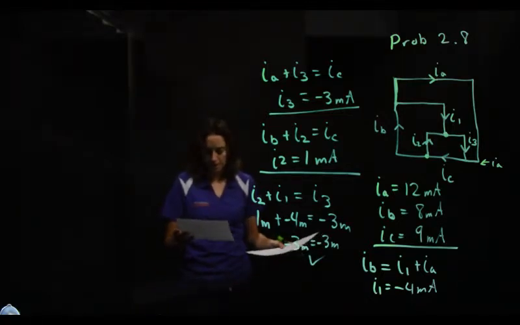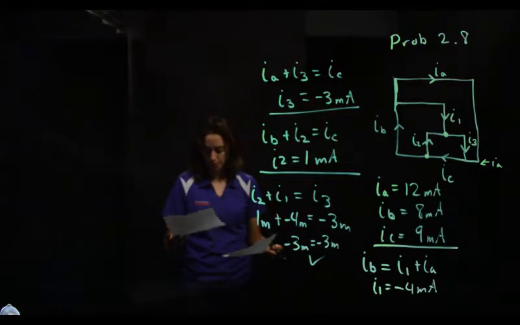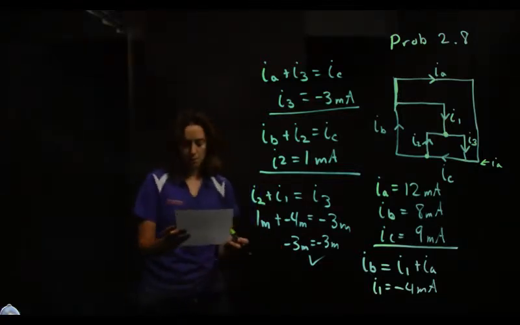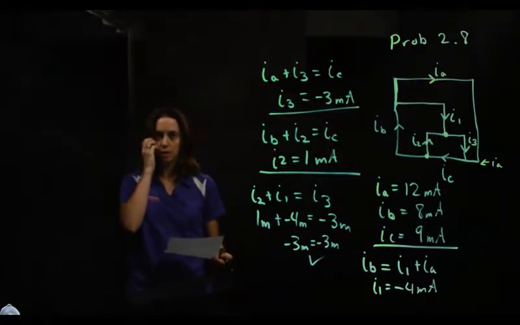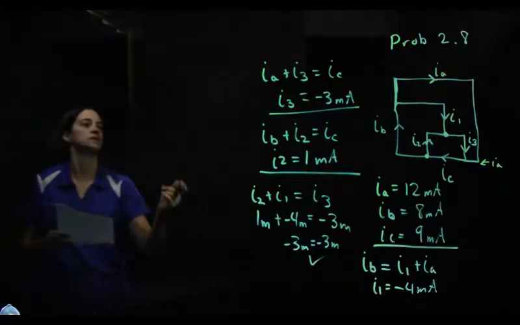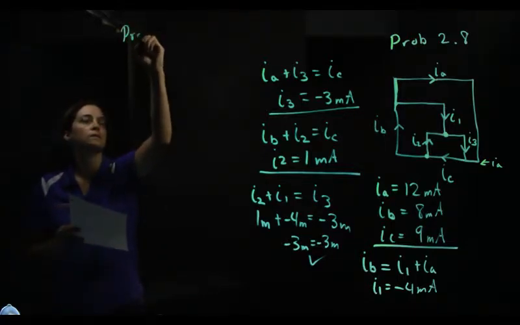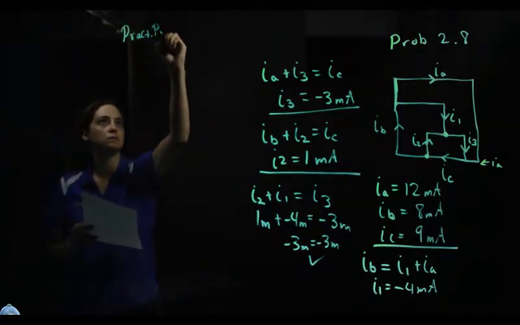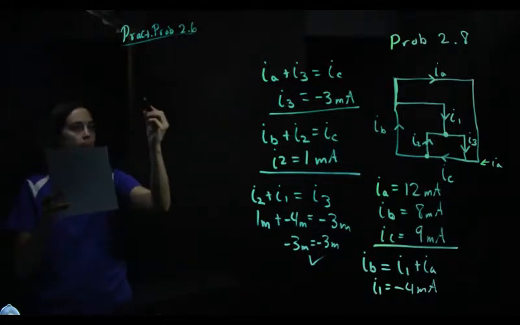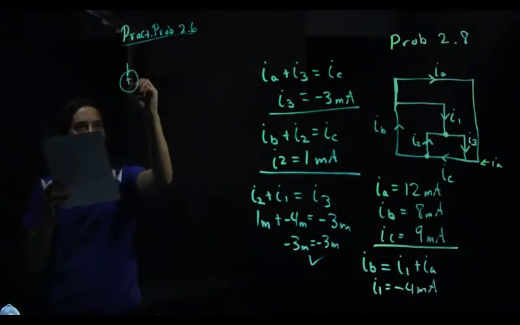Let's look at a KVL example. We're going to look at one that is a little bit harder, and we'll also use our knowledge of Ohm's law. So this is practice problem 2.6. That's in the middle of the section. And we have this circuit.